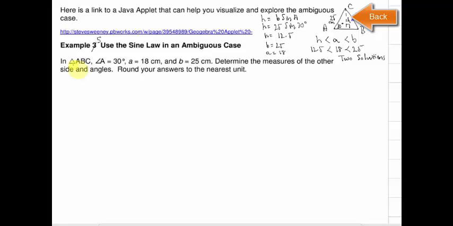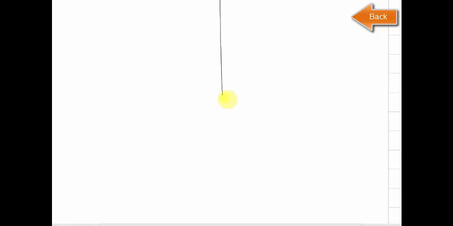Okay, so we are told angle A is 30 degrees, side a is 18, side b is 25. We have to determine the measure of the other side and angles, and then round our answers to the nearest unit. Okay, so we're going to have to divide our page in 2 because we are going to be working on 2 triangles simultaneously.